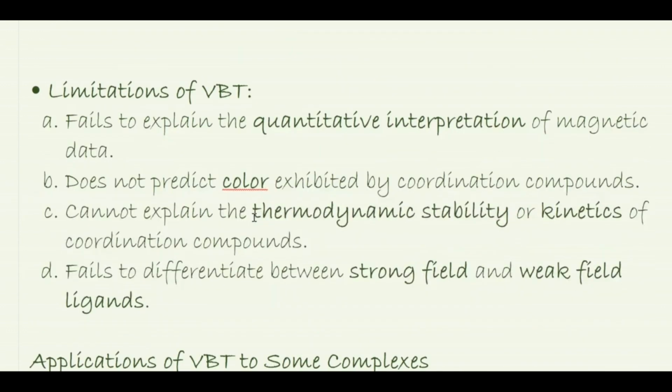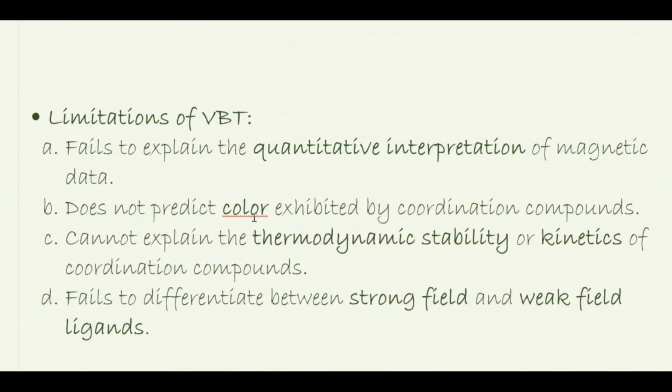Fine. What are the limitations of VBT? As I told you, it fails to give a quantitative interpretation of magnetic data. So how it is paramagnetic, how it is diamagnetic, he didn't find out.